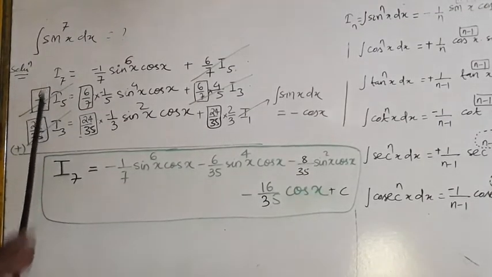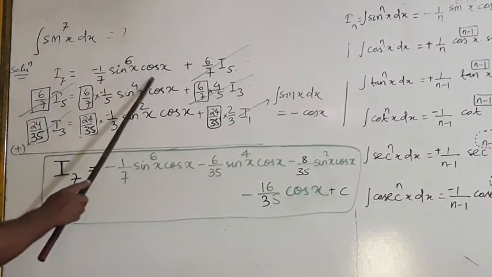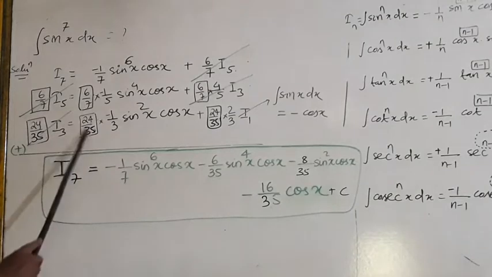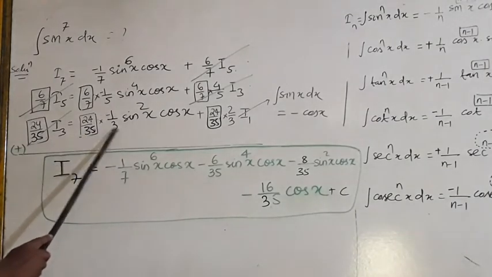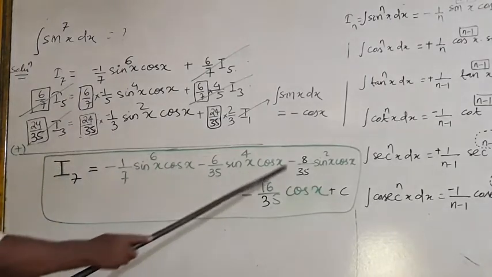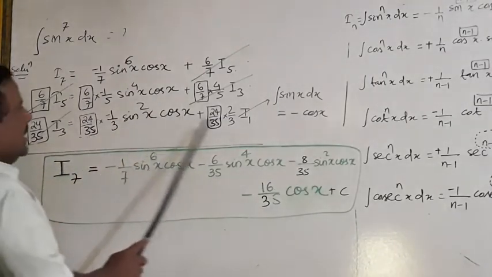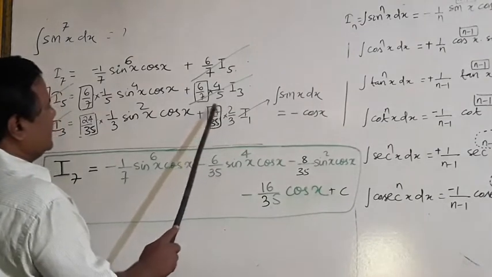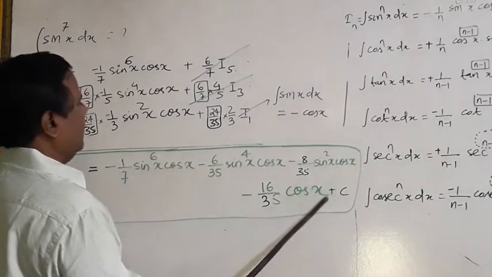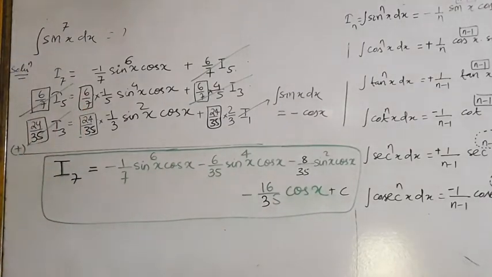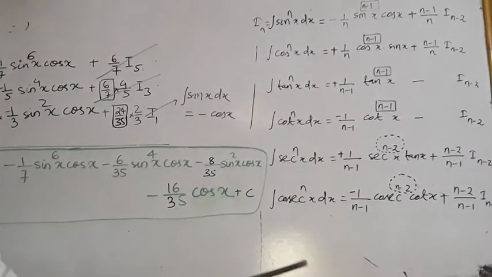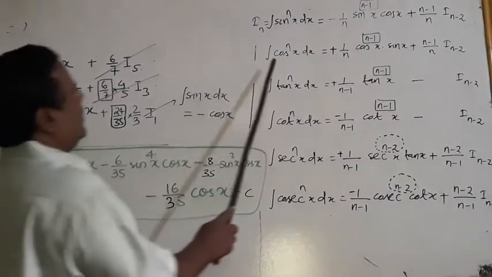Now I7 is equal to minus 1 by 7 sin power 6 x cos x minus 6 by 35 sin power 4 x cos x minus 8 by 35 sin square x cos x, and this is, if they cancel, 16 by 35 minus cos x. So in place of I7, I am writing this. In this way, you can do all the problems of sin power n, cos power n. Okay. Now I am not going to derive this.